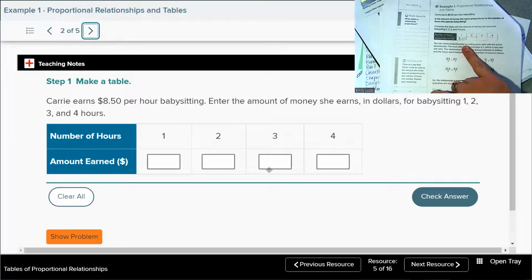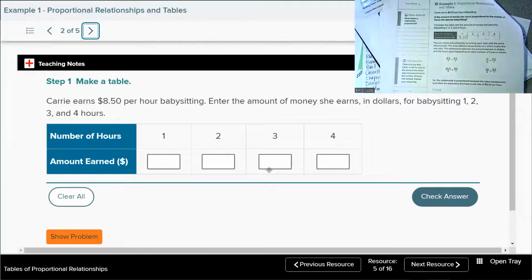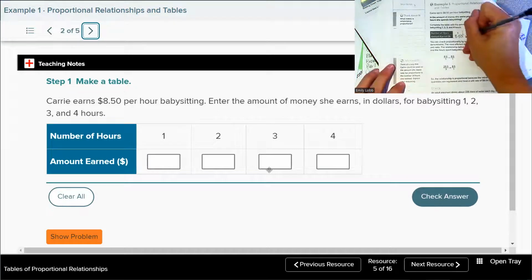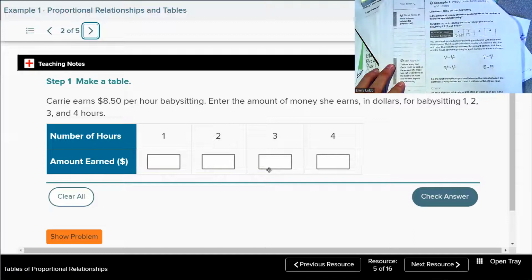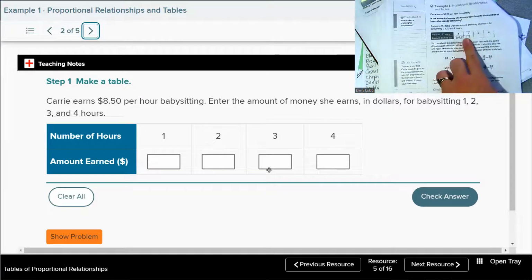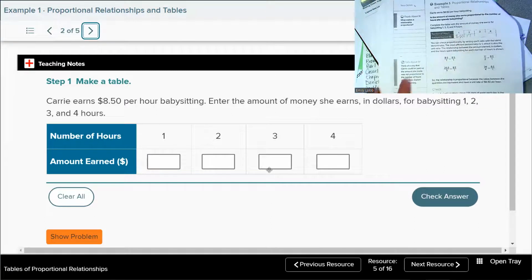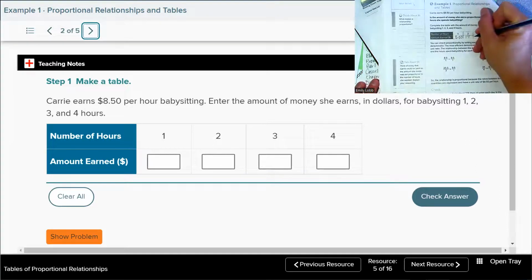So how much does she make for 2 hours? We are on page 22. 17. How did you get 17? Good. 8.50 times 2. Or you can add it on because it's going up by ones, right? 25.50. Thank you. He added 8.50 to 17 to get 25.50.